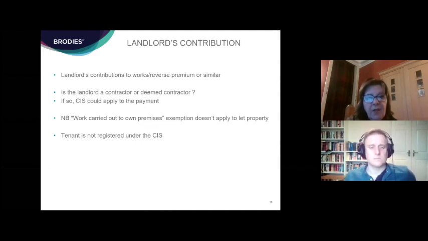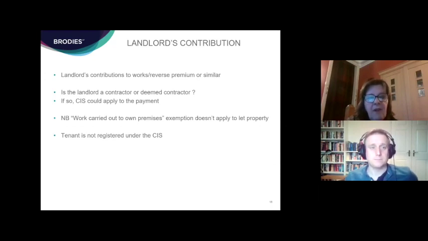And if they are, the CIS could apply to the payment. So you have to look at what the landlord spent on CIS activities over the past 3 years. There's an exemption for work that's carried out on your own premises, but this doesn't apply in these circumstances because it doesn't apply to let property.